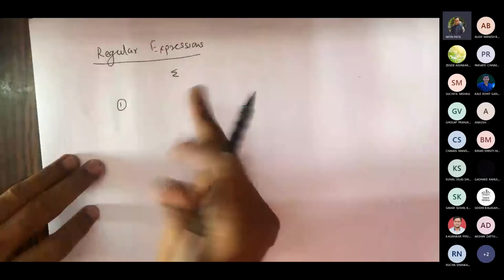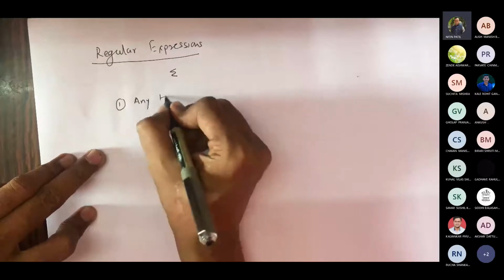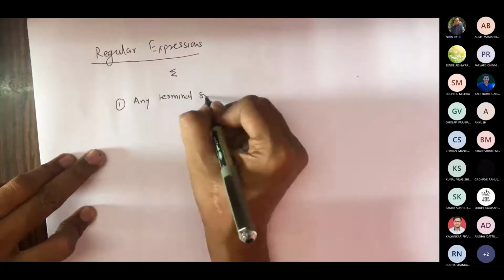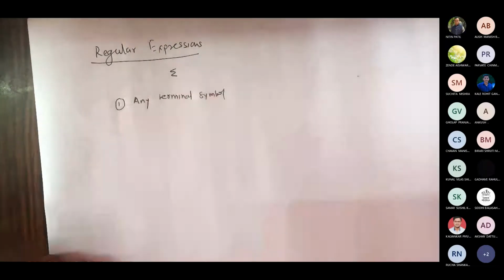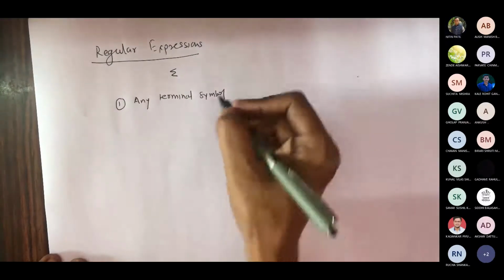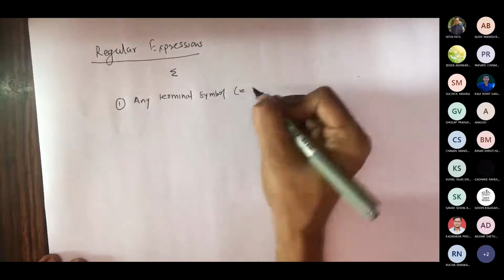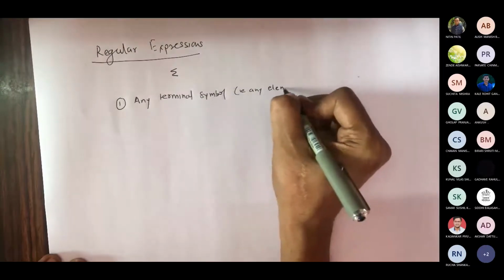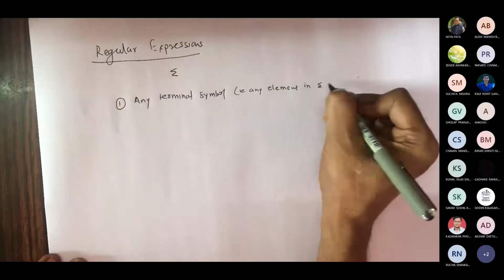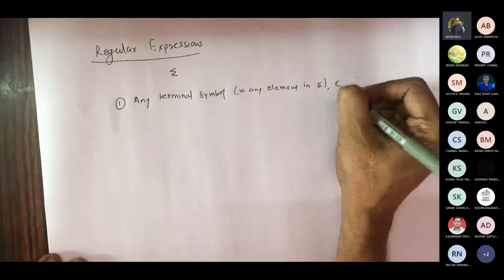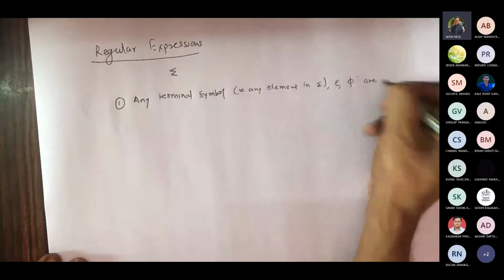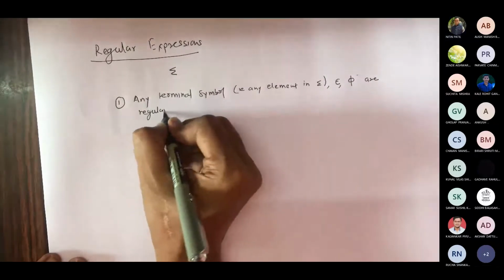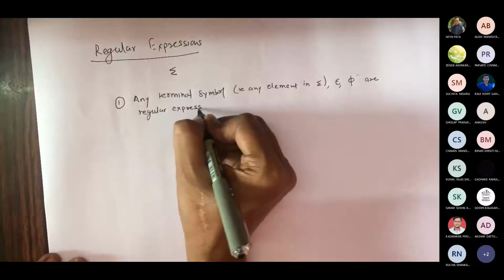So any terminal symbol which is an element of this sigma, then epsilon and phi are regular expressions.